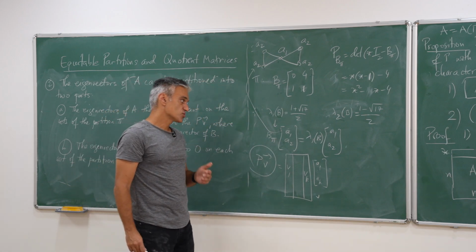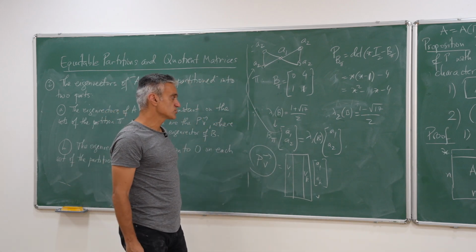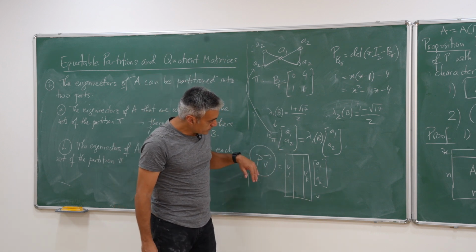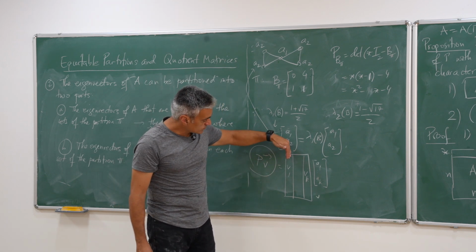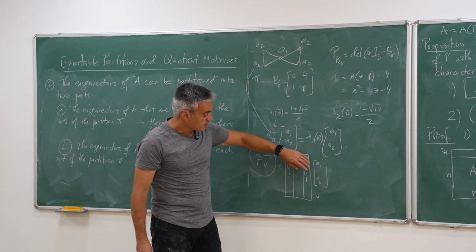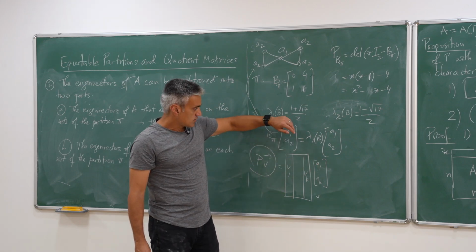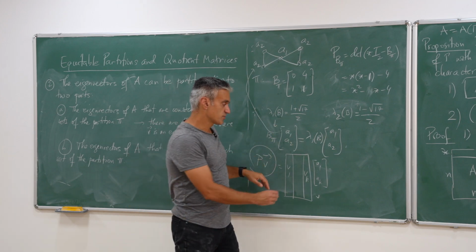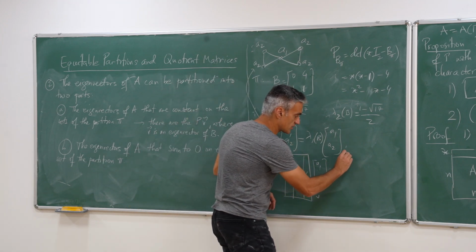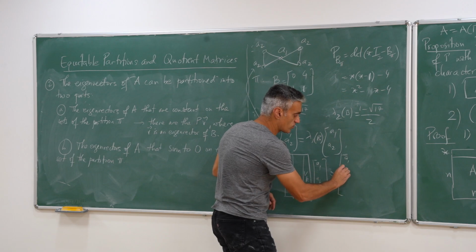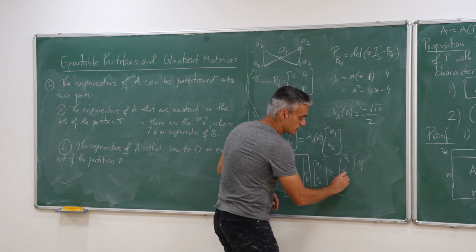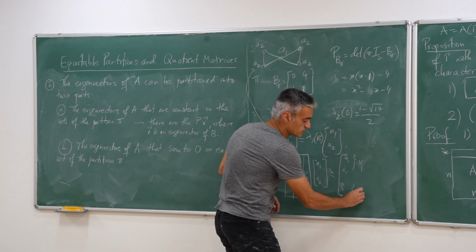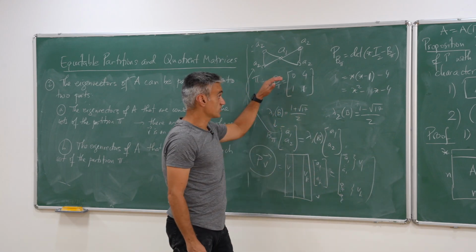When you do this multiplication, the vector that you will get is A1 in V1, A2 in V2 and AK in VK. That's exactly what happens here.